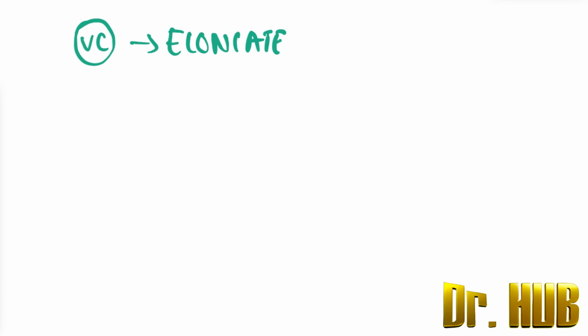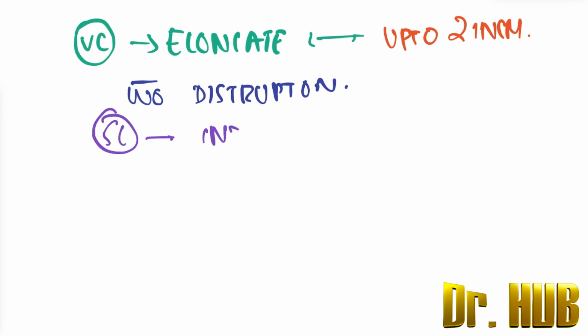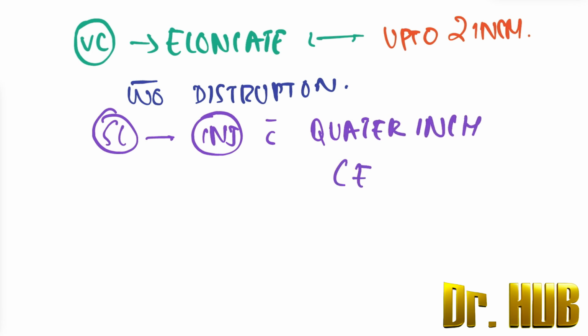It is possible to elongate up to 2 inches without disruption, whereas the spinal cord gets injured with only 1/4 inch of elongation.